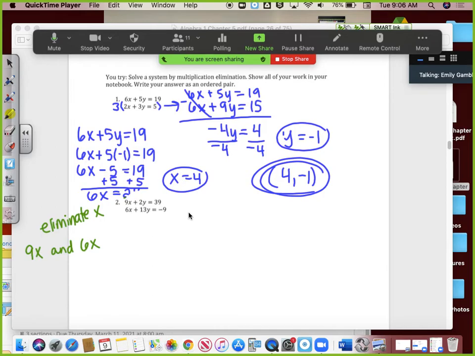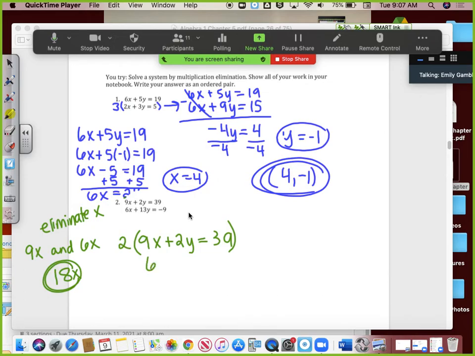So the least common multiple of 9 and 6 is 18, which means you want to try and turn the 9x into an 18x and the 6x into 18x. That means for the first one, in order to take 9x and turn it into 18x, I would multiply everything by 2.